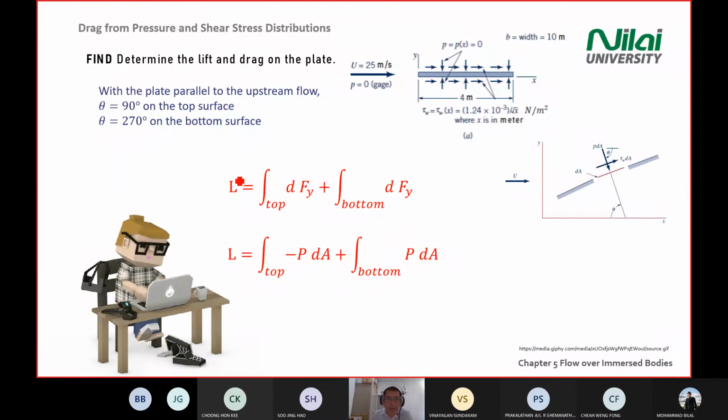So we know that lift is along the y-axis. That's why in our integration here, we don't have shear force. We don't have shear stress component here. Now your lift consists of pressure and shear stress component, but you have to depend on the angle.